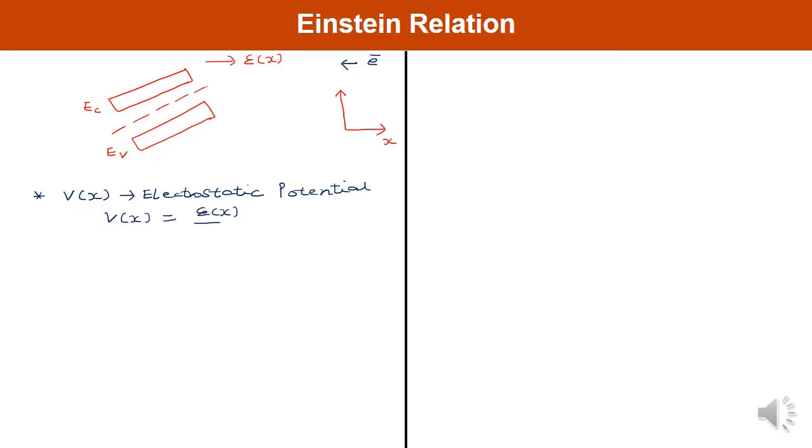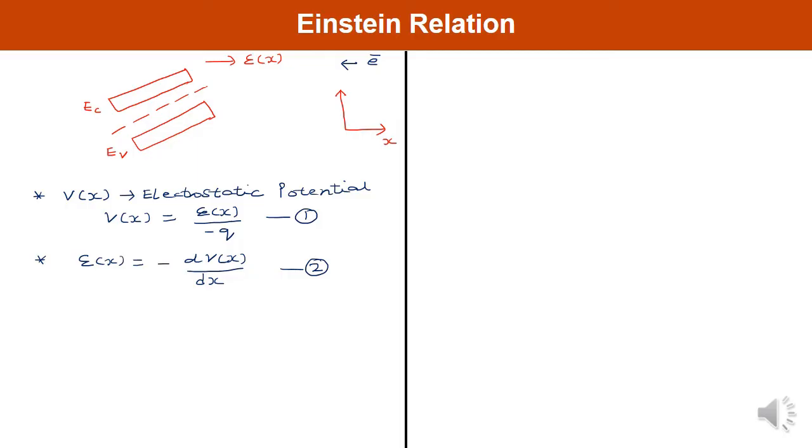Applied electric field, which is Ex upon minus q. And from the definition of electric field, you can write electric field is what? This is minus d of Vx upon dx. This is how you can write down the electric field component.